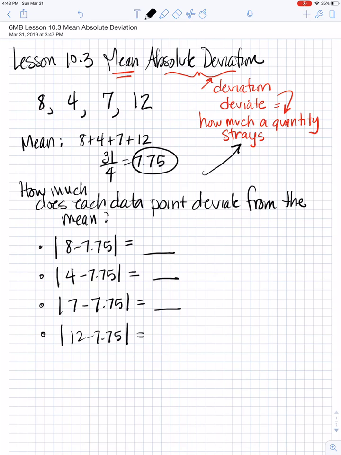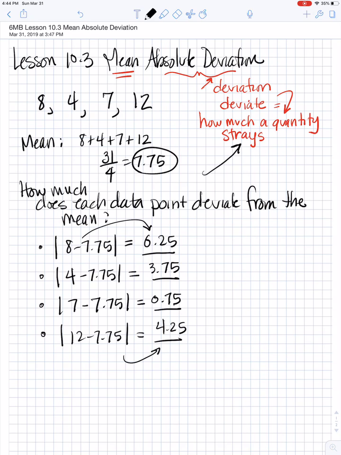So if we do 8 minus 7.75, right, that's going to give us 0.25. That's how much this data point deviates from the mean, 0.25. And then we have the next one. Well, the absolute value of that deviation is 3.75. Well, and this is an easy one for us to figure out. That's 0.75. And then we have this one up here is 4.25.